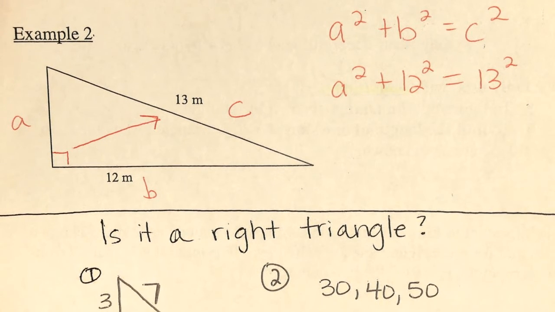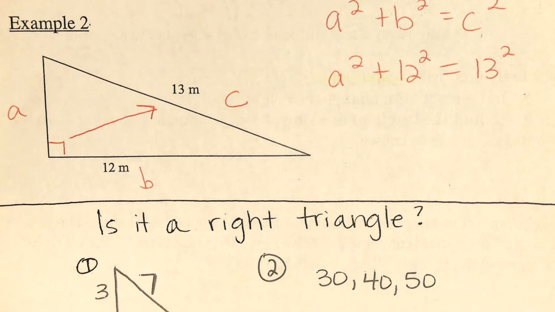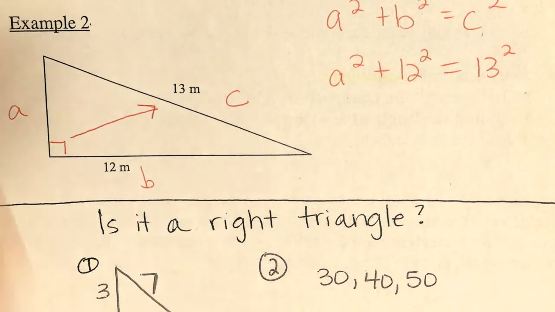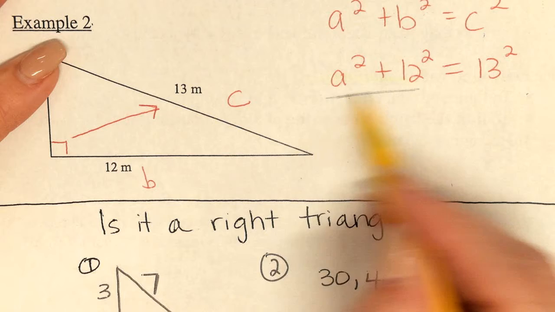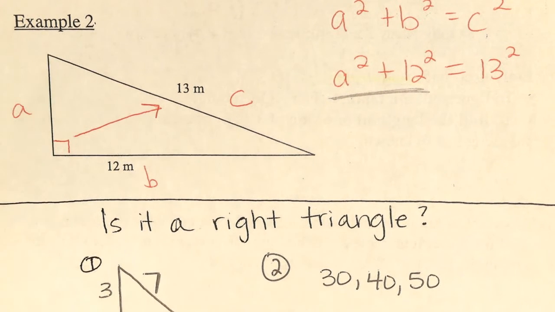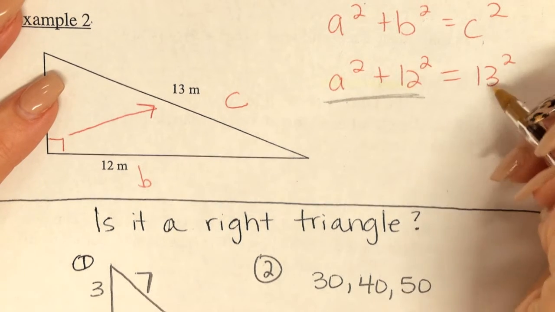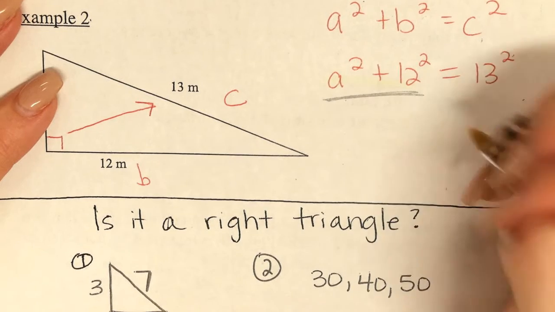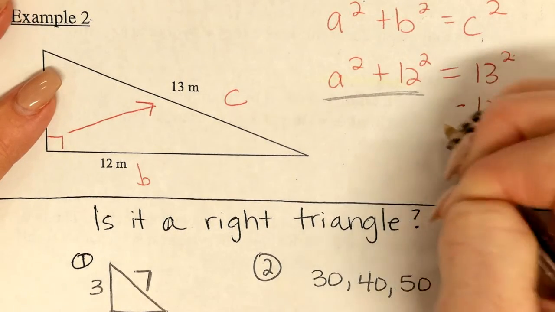Would I add or would I subtract? Why are you going to subtract? Because you cannot add. Does that make sense? So anytime you're solving for A or B, you're going to subtract the bigger one, 13 squared minus 12 squared.